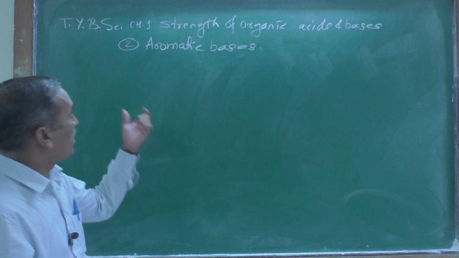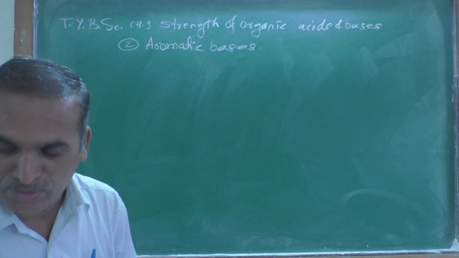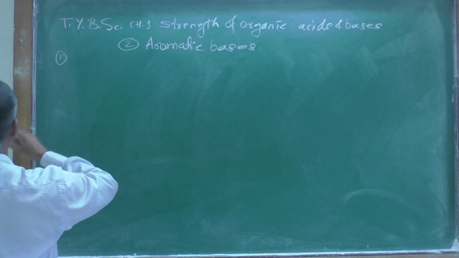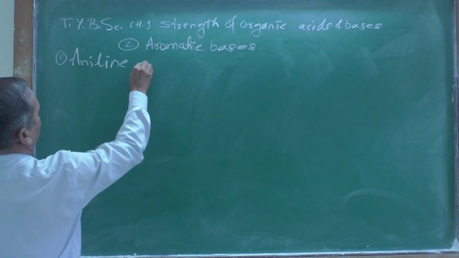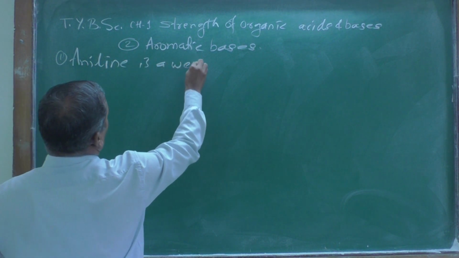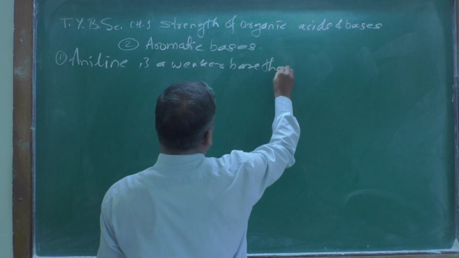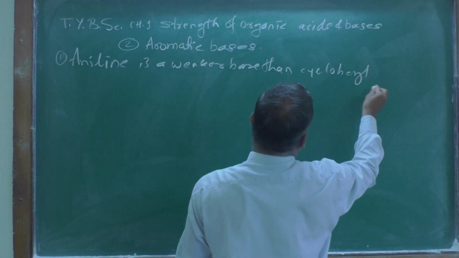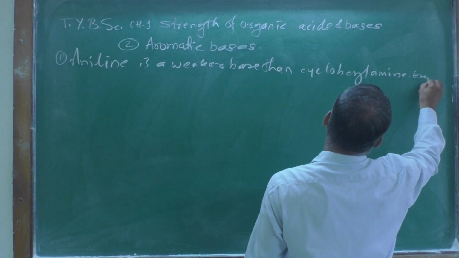Remember here, aromatic bases, first application we are going to learn here. What is that? First application, for example, aniline is a weaker base than cyclohexylamine, explain.